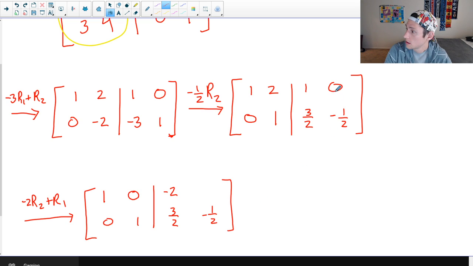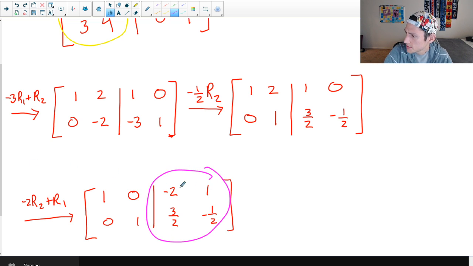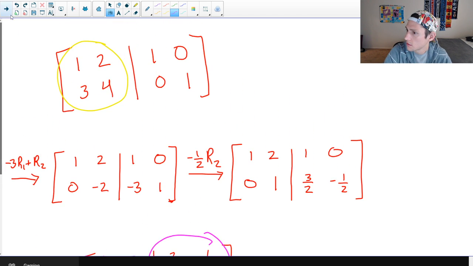And then negative 1/2 times negative 2. So the negatives would cancel, the 2's would cancel, so that would just leave me with 1. 1 plus 0 is 1. So it should be negative 2, 1, 3/2, negative 1/2.